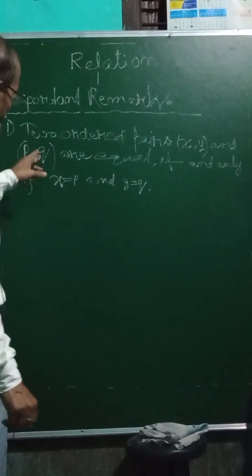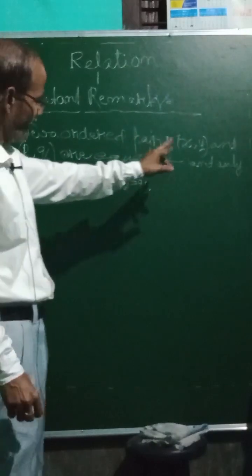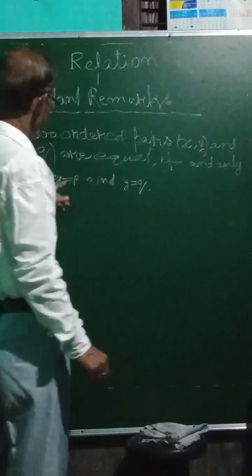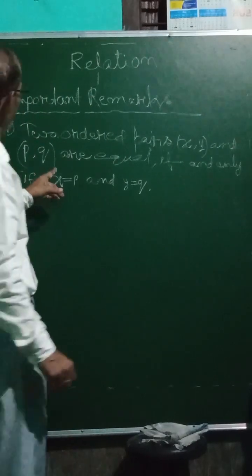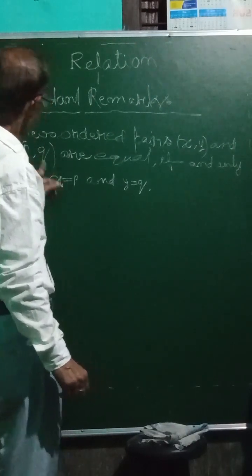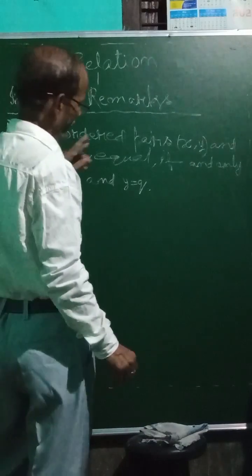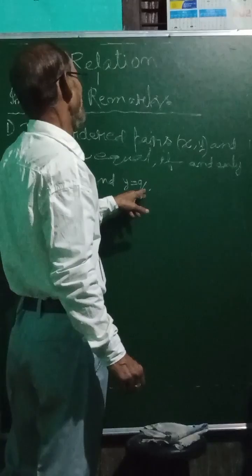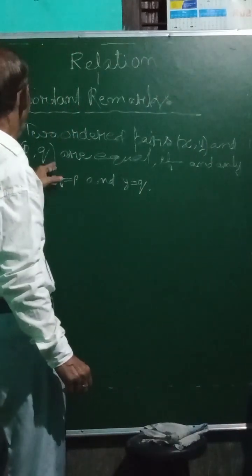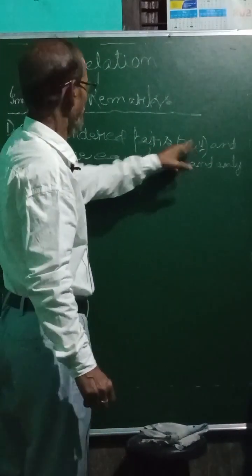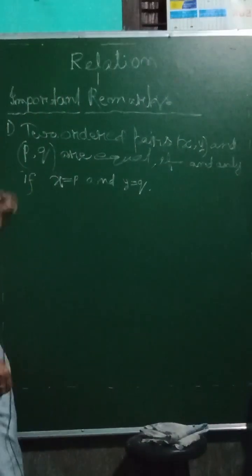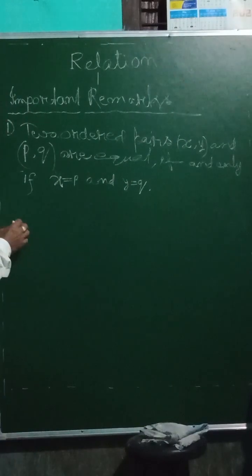Two ordered pairs (x, y) and (p, q) are equal if and only if the first element of the first pair is equal to the first element of the second pair and the second element of the first pair is equal to the second element of the second pair. So x equal to p and y equal to q. This is a very important condition on the ordered pair.